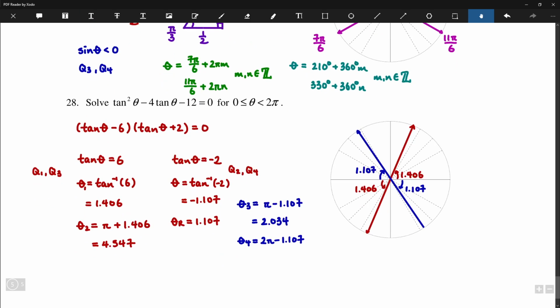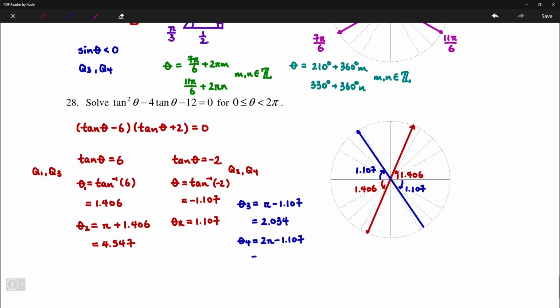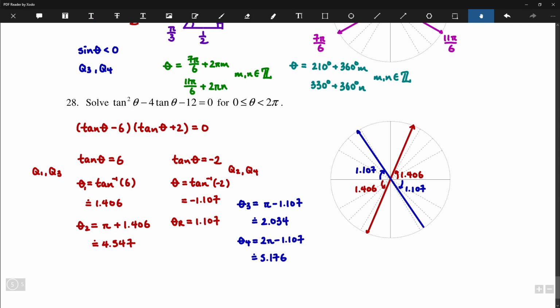And that gives us 5.176. Okay, so we have 4 answers altogether for this tangent squared question.